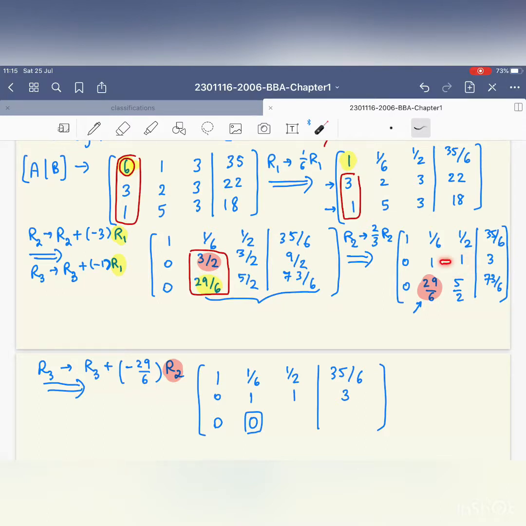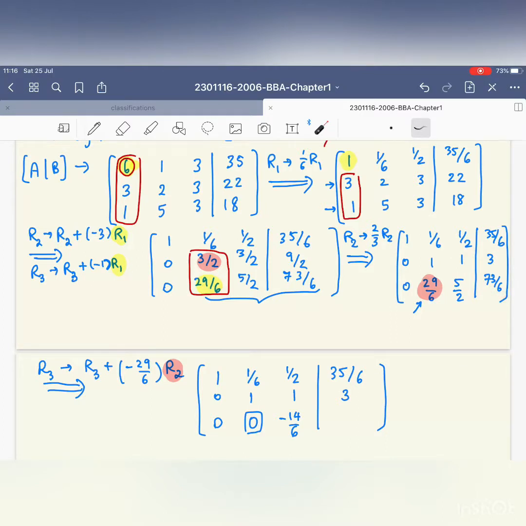Here you are going to multiply negative 29 over 6 to your R2. So the first one becomes negative 29 over 6, and then add 15 over 6. So you have again negative 14 over 6. Okay, this one negative 29 over 6, so it is negative 29 over 2, is it? Oh, okay, it is very good because this is over 6 as well.